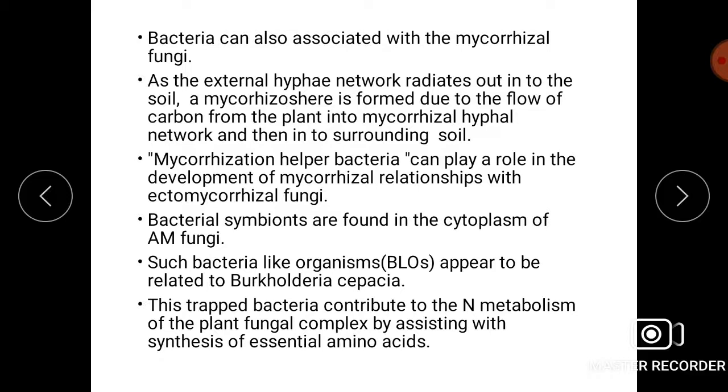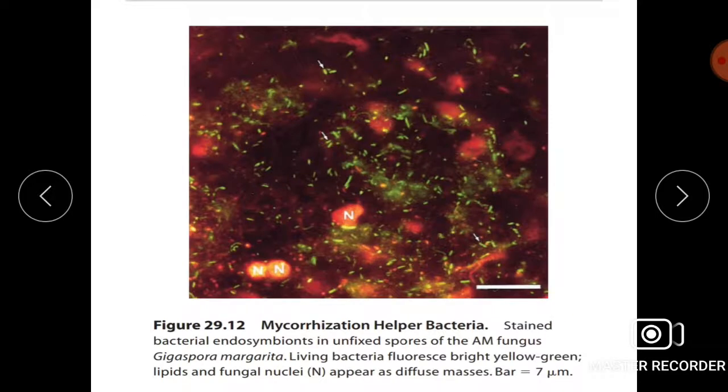These trapped bacteria contribute to the nitrogen metabolism of the plant-fungal complex by assisting with synthesis of essential amino acids. The picture showing the mycorrhization helper bacteria. The green colored are bacteria.